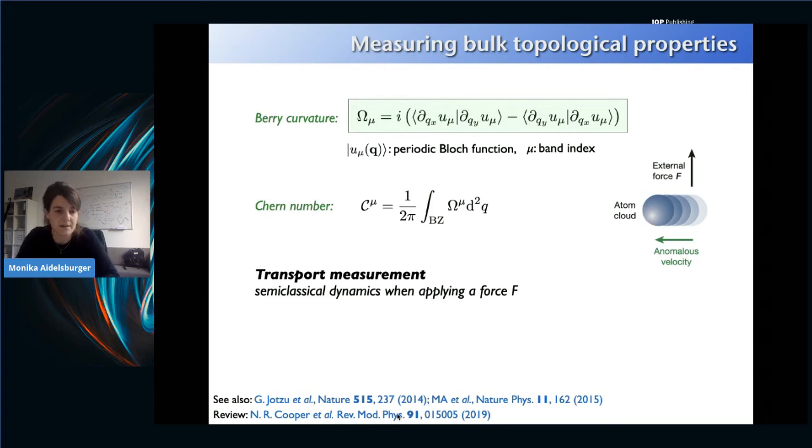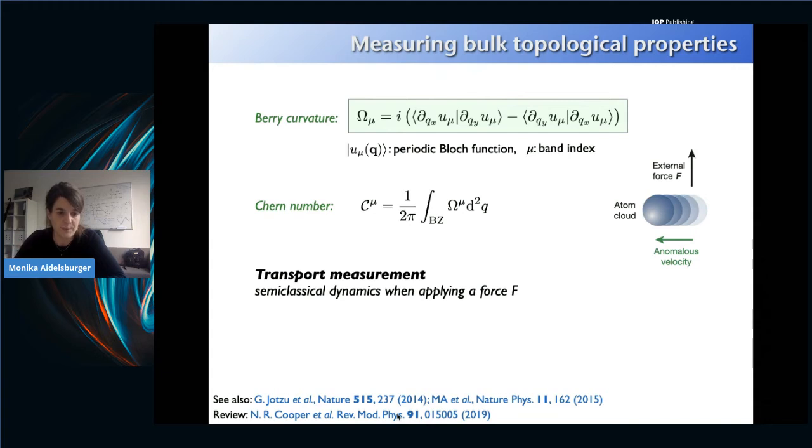The idea is again to work in a semi-classical description, that is, we prepare a wave packet with a well-defined mean position and mean quasi-momentum. And then we apply a force to our atomic cloud again to move it in quasi-momentum space. This time, however, adiabatically, meaning we preserve the band population during this process.